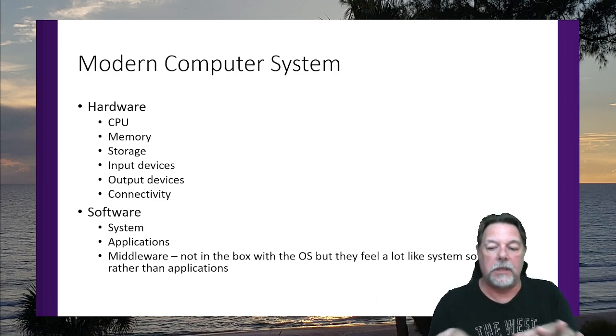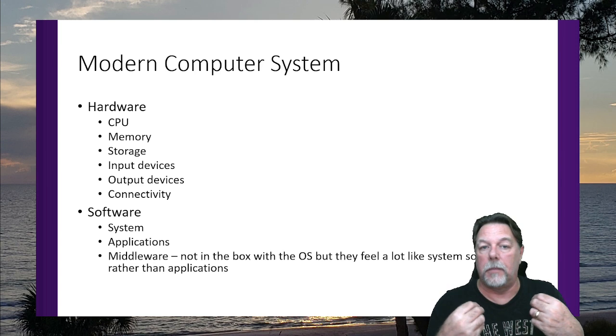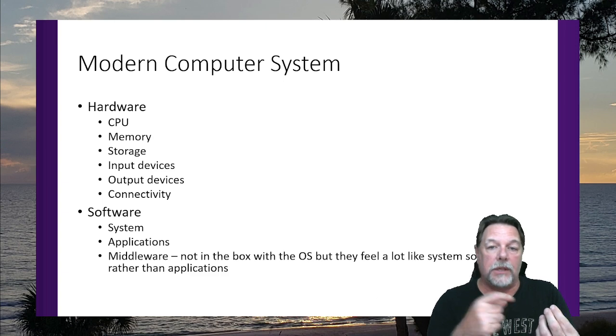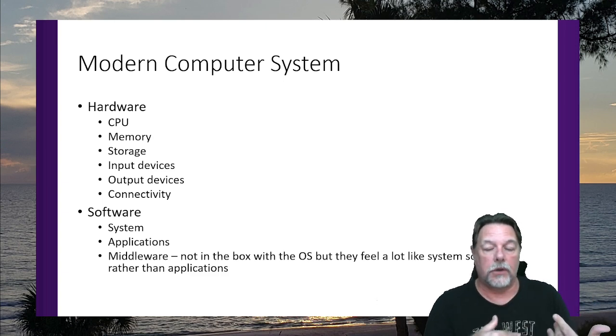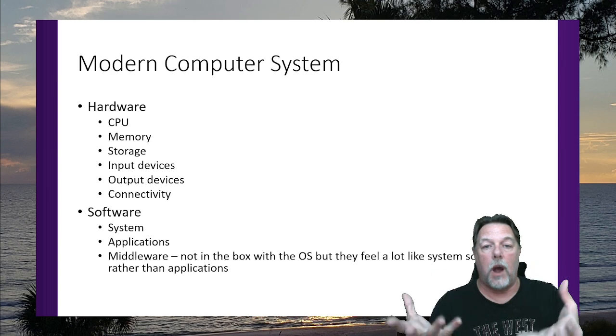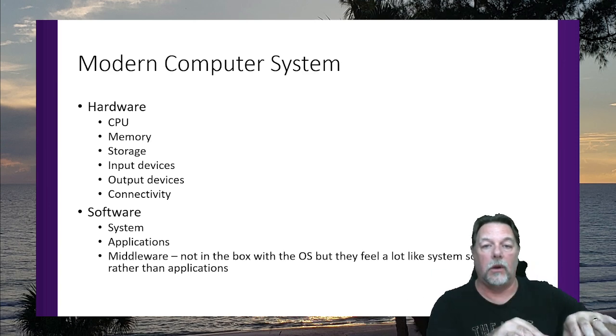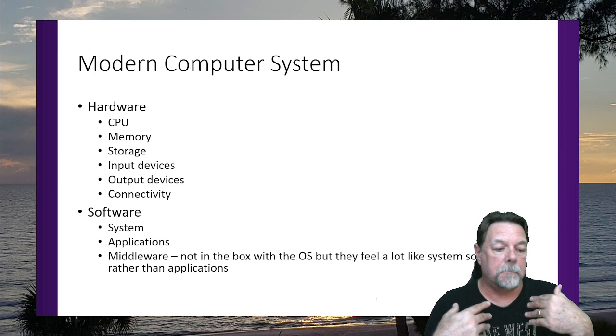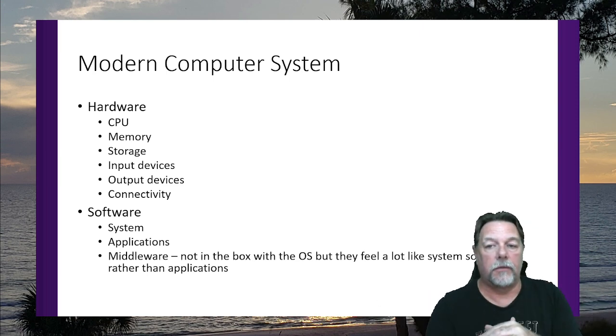So each of these pieces of hardware is going to have some software in terms of a driver that allows it to be communicated with in a structured fashion. So even your operating system looks for that layer of drivers and the BIOS in order to communicate with the hardware directly.